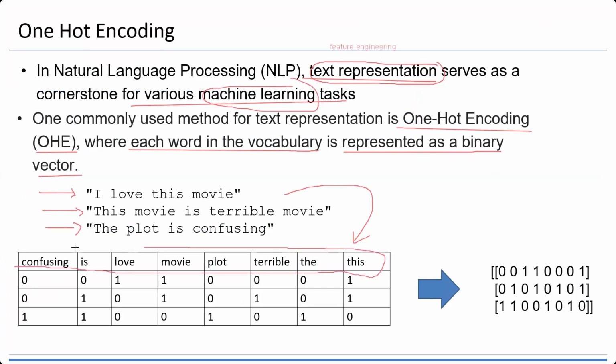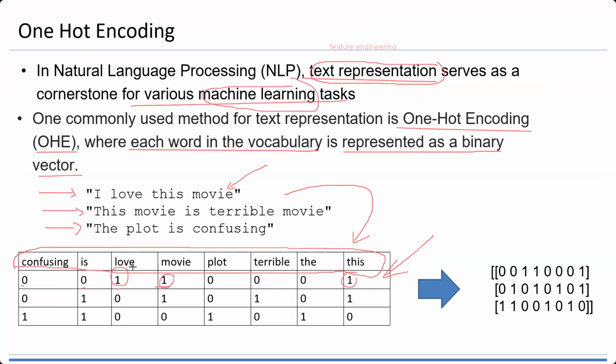The column name means the word that we want to represent, and the number means whether the word exists or not. So for the first sentence, we have I love this movie.